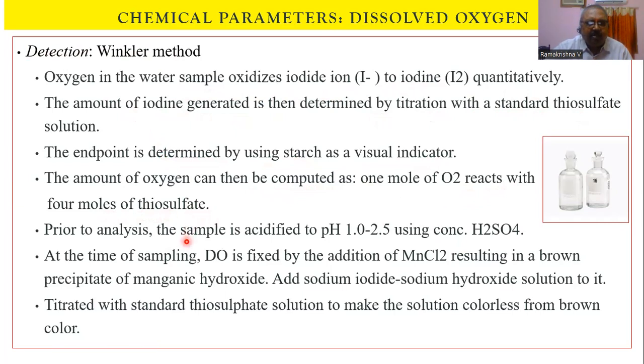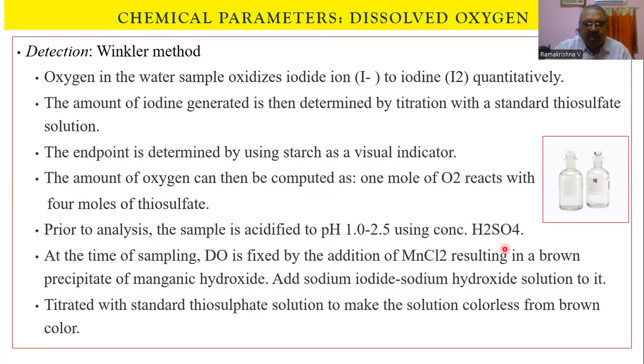Prior to the analysis, the sample is acidified to pH 1 to 2.5 using concentrated H2SO4. At the time of sampling, DO is fixed by the addition of manganese chloride, resulting in a brown precipitate of manganic hydroxide. Add sodium iodate and sodium hydroxide solution to it.